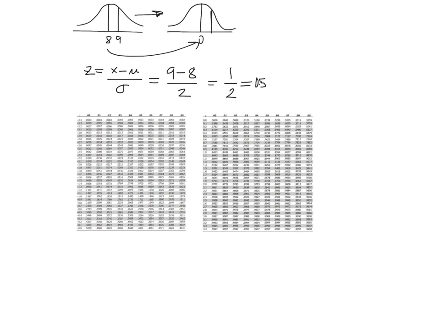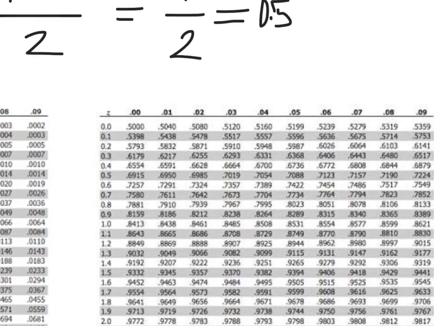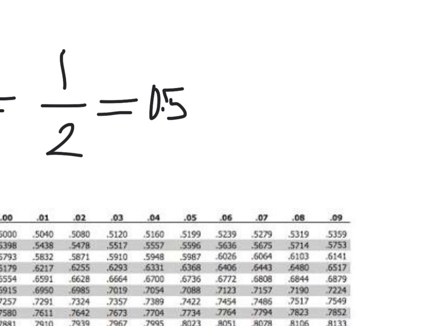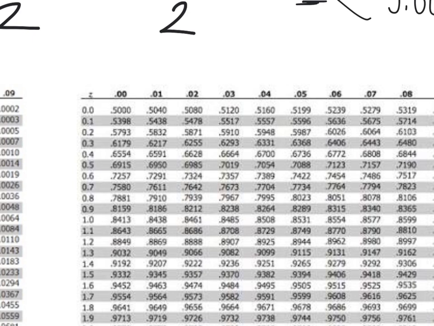So let us locate 0.5. It is a positive number, so we have to use the z table containing the positive z-scores. Consider 0.5 as 0.5 and 0.00, because we don't have a second decimal value. So 0.5 is located here, and 0.00 is here. The area that we need is 0.6915.